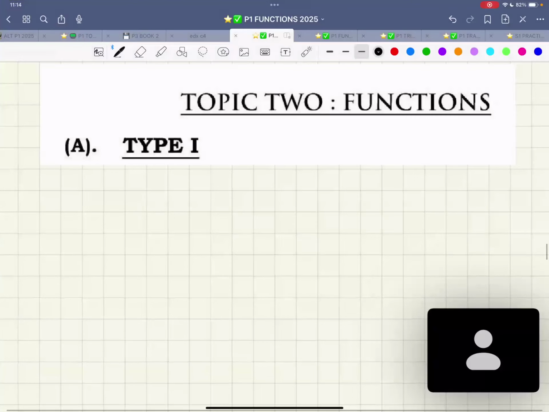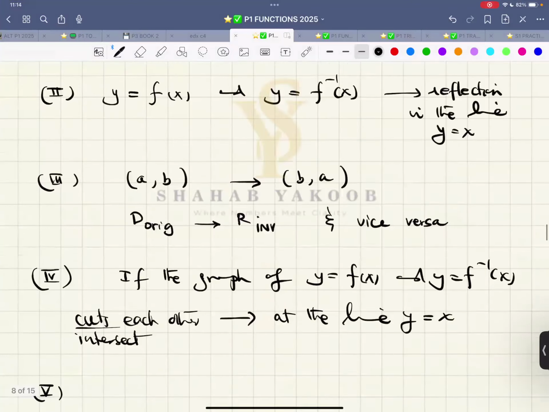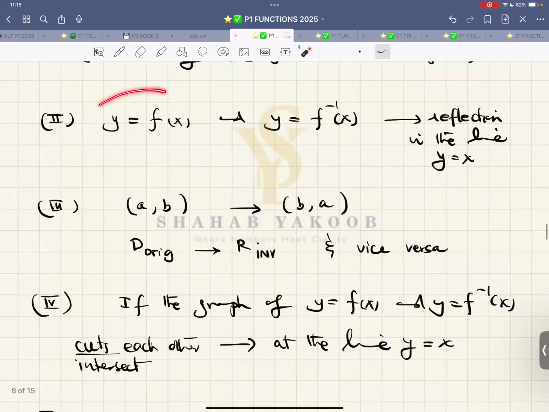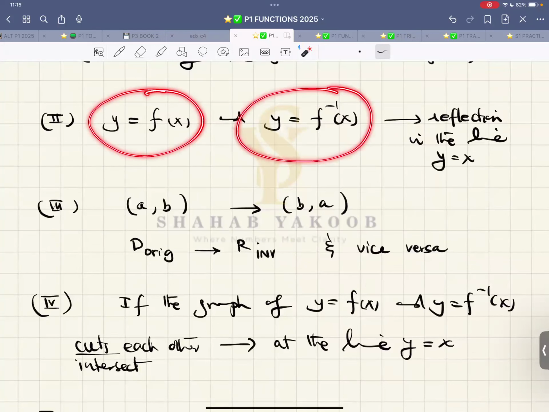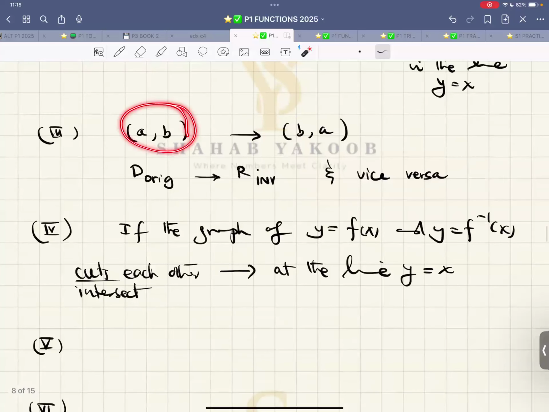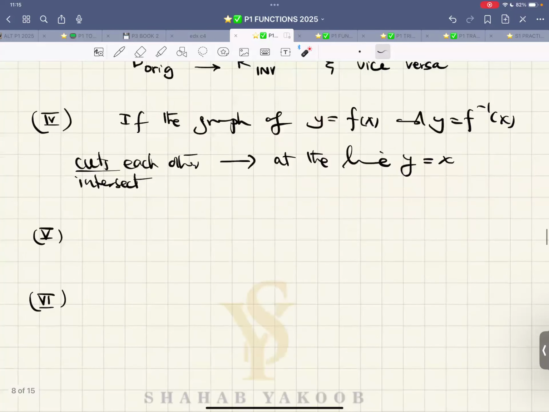So now let's apply all this knowledge related to one-to-one function and inverse function. Only a one-to-one function has an inverse. The graphs of y equals f(x) and y equals f inverse x are a reflection of each other in the line y equals x. Therefore, a point (a, b) becomes (b, a). Therefore, the domain of the original becomes the range of the inverse and vice versa.